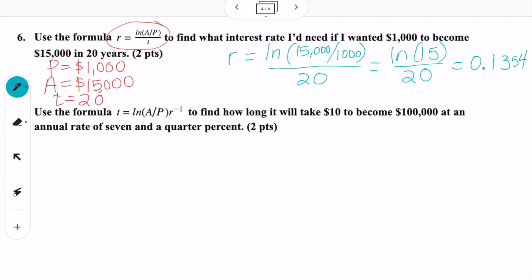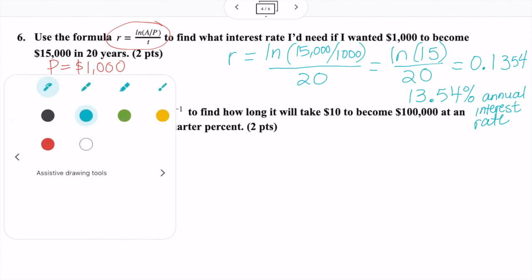And in terms of percent, that is a 13.54% annual interest rate. Don't forget to turn it back into a percent there at the end.